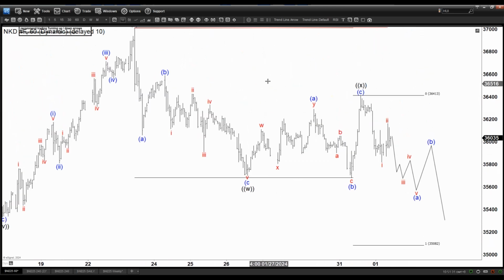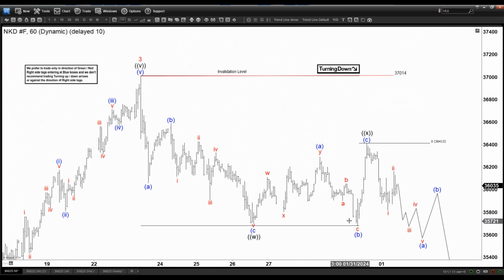But if you look at this structure here, it does not look like an impulse. First of all, I don't think it looks like an impulse, right? Now you might say, what about a diagonal? A diagonal also is a little bit difficult to label. You might say, can I label this 1, 2, 3, 4, 5?